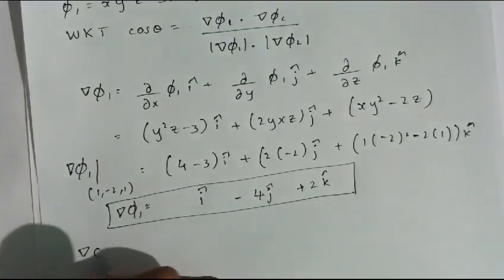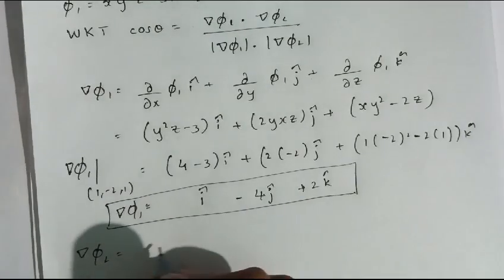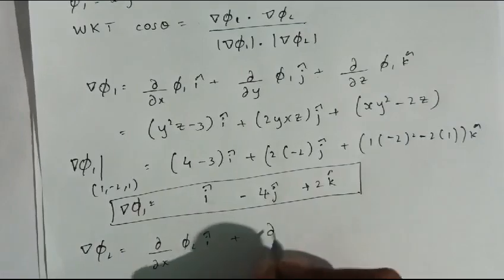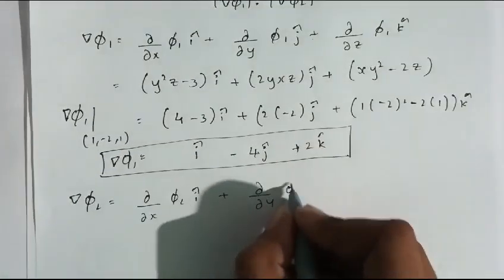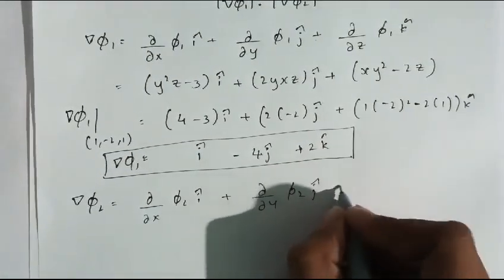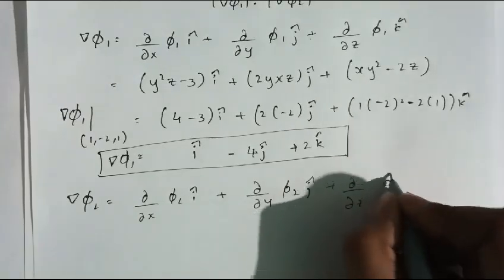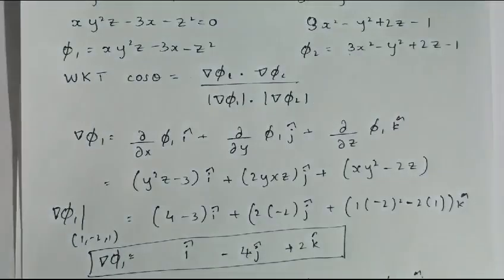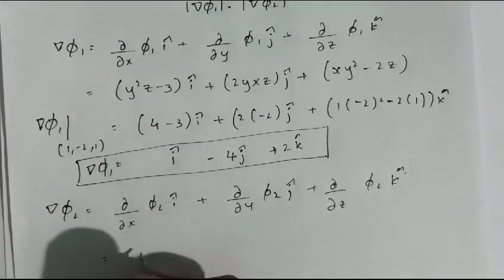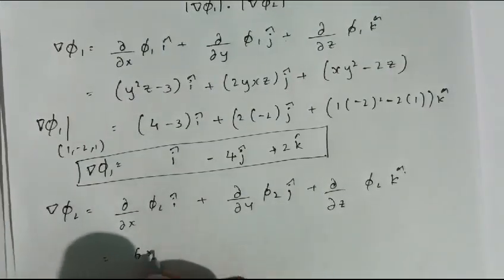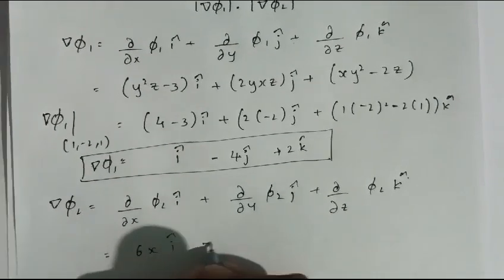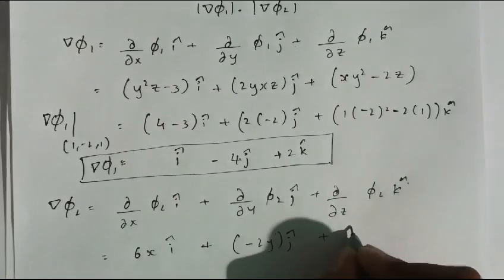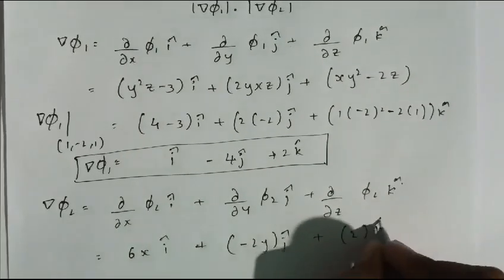Now solve del phi 2 with the same formula: dou by dou x of phi 2 i cap plus dou by dou y of phi 2 j cap plus dou by dou z of phi 2 k cap. When we differentiate the equation with respect to x, we get 6x i cap, plus minus 2y j cap, plus 2 k cap.